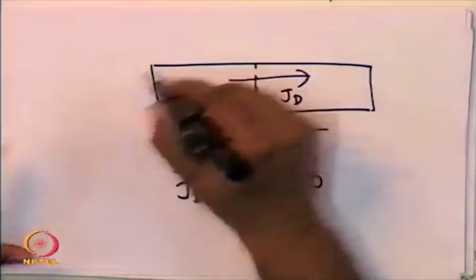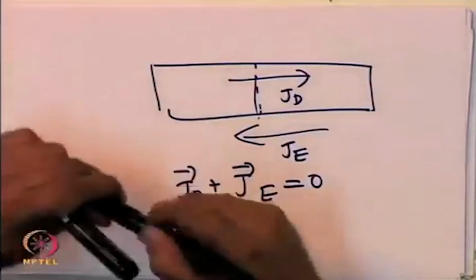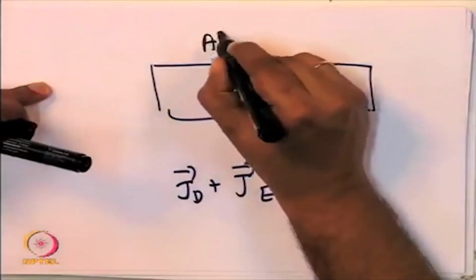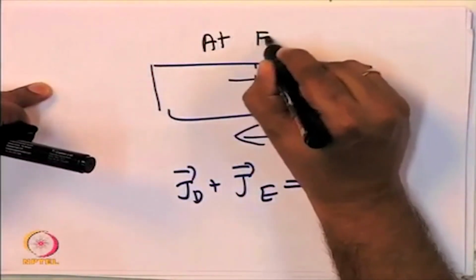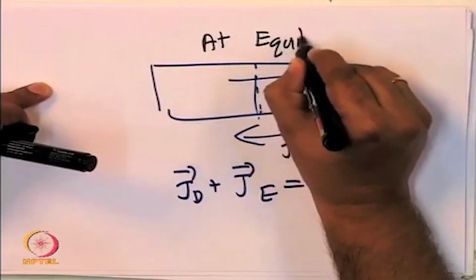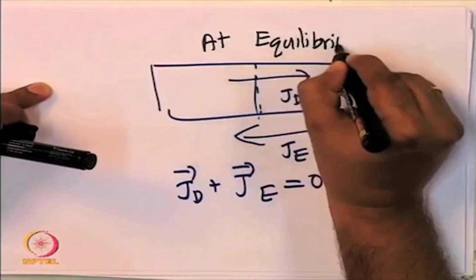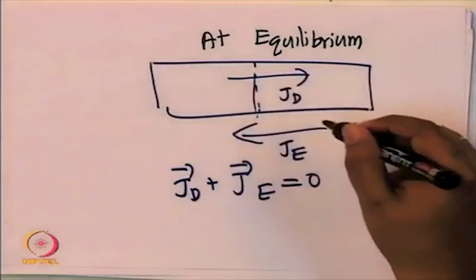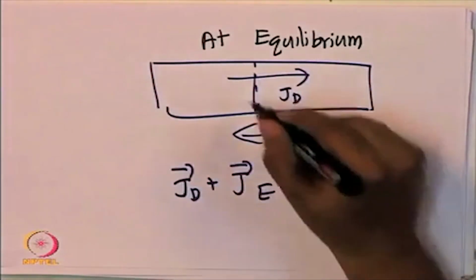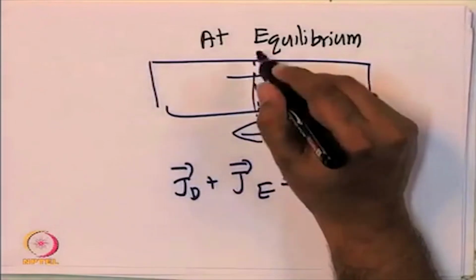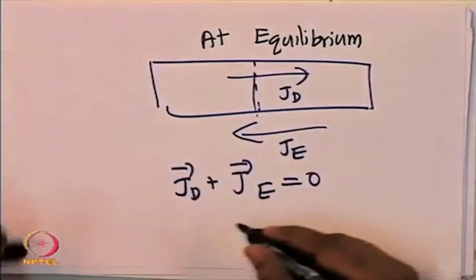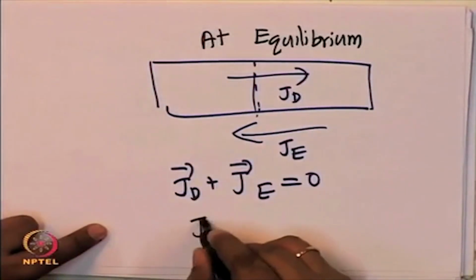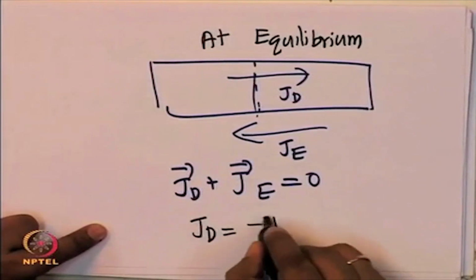Then only we will get this equilibrium. At equilibrium, what we expect is that this flow will balance this flow, and the total flow at this point will be 0. In other words, J D will be equal to minus J E.